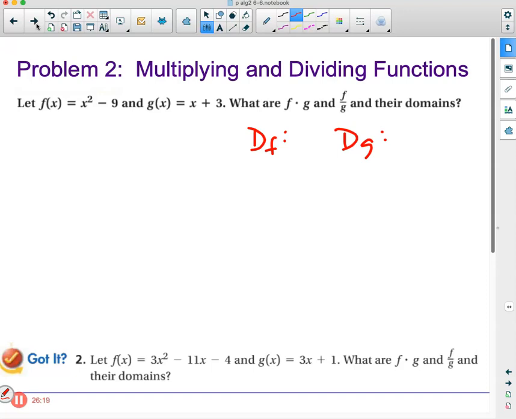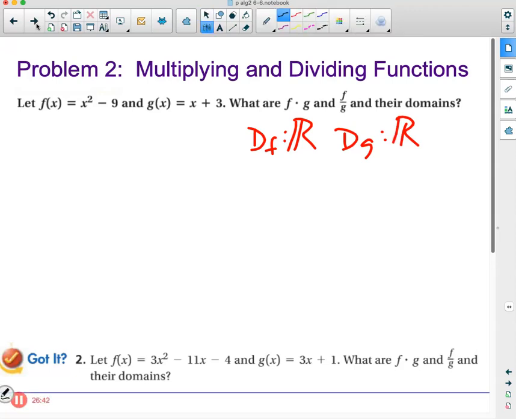Anything there that needs a domain restriction? None. No even roots, no division. All real numbers. Let's go to g. Anything there that needs a domain restriction? No. Oh, they look pretty good. All reals.